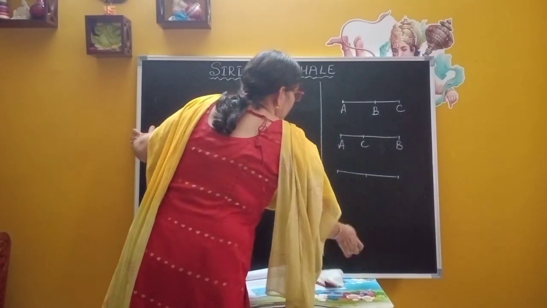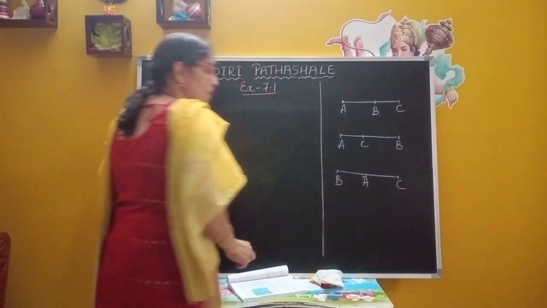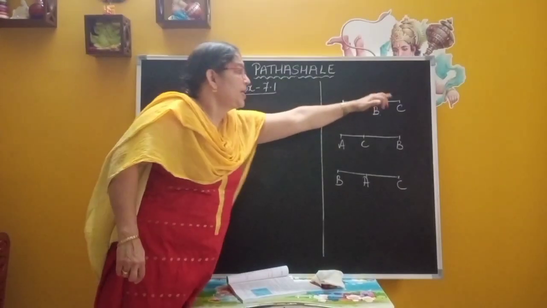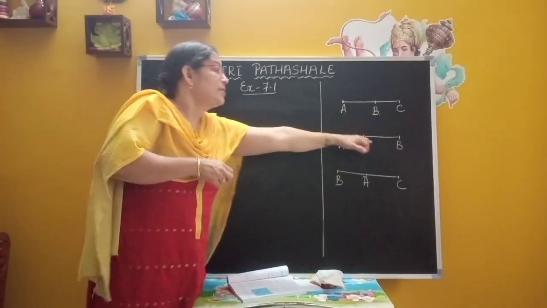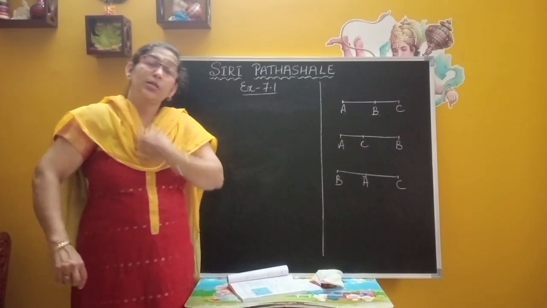So here A, B, C are collinear points, here A, C, B are collinear points and then B, A, C are collinear points.